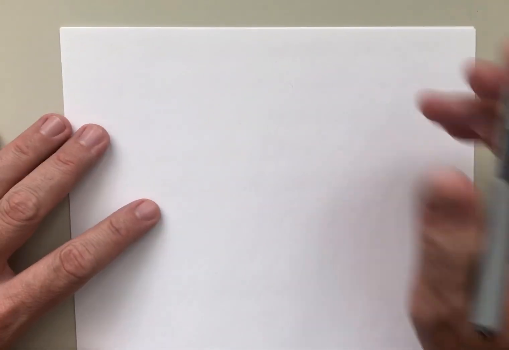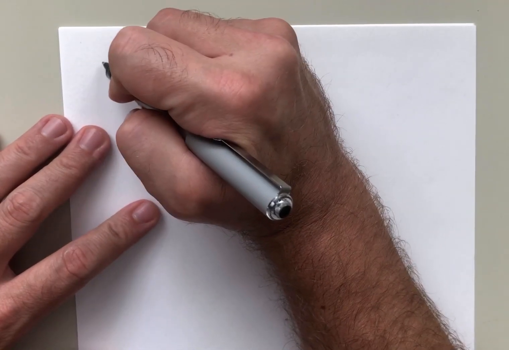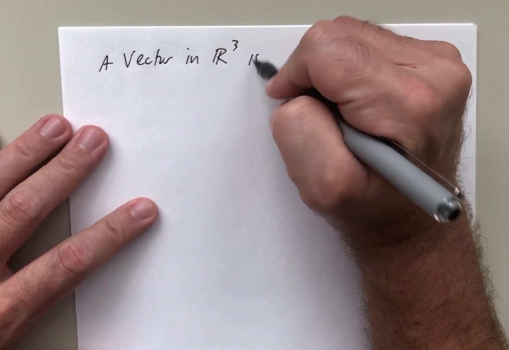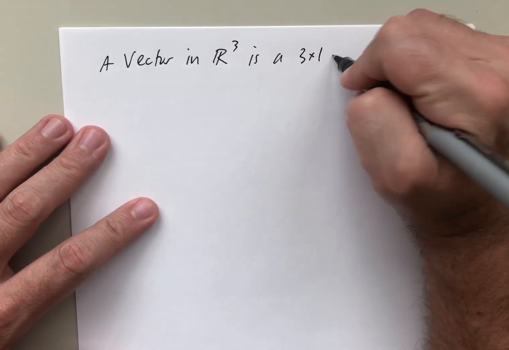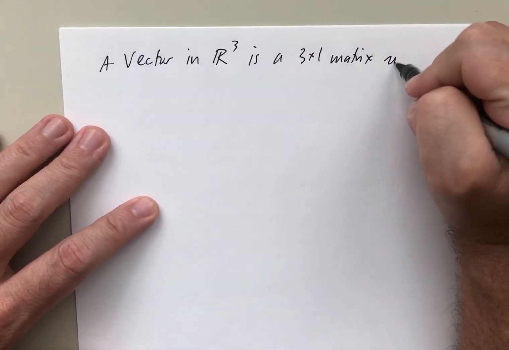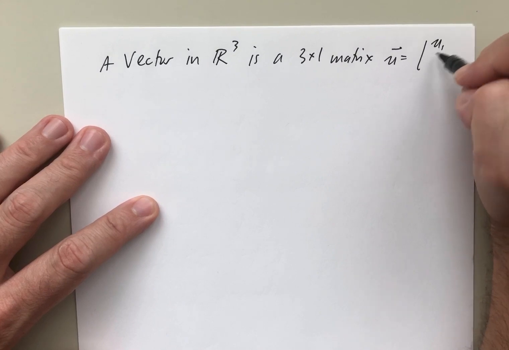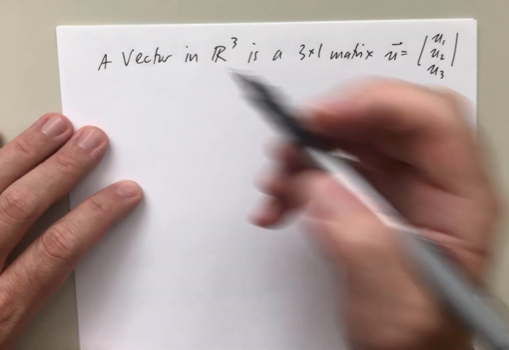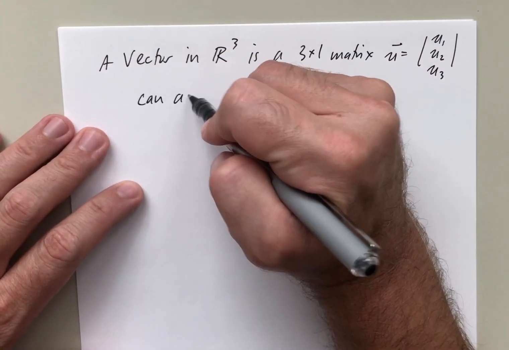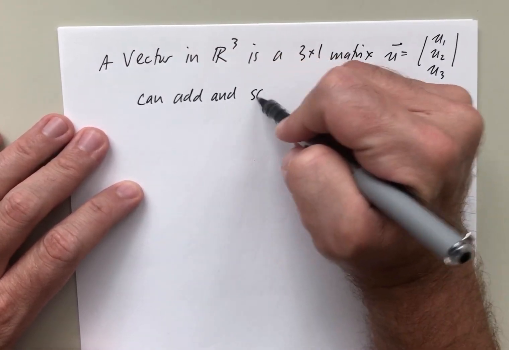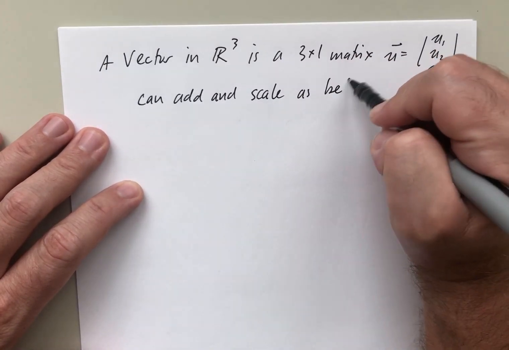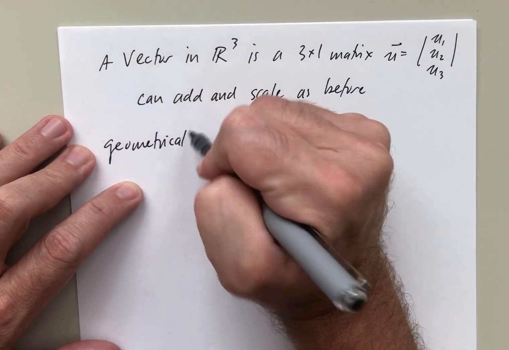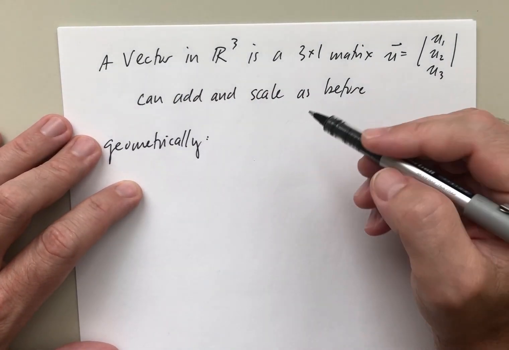Okay, let's bump up the dimensions a bit. A vector in R3 is a 3-by-1 matrix. So now u is going to be u1, u2, u3. Again, you can add and scale these. Geometrically, we now picture these in three-dimensional space.